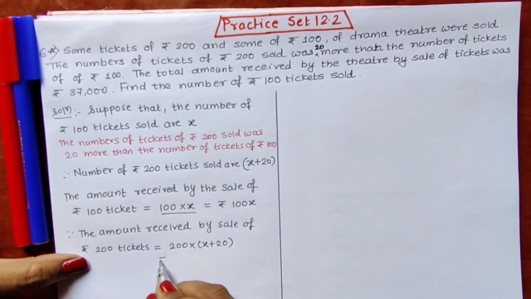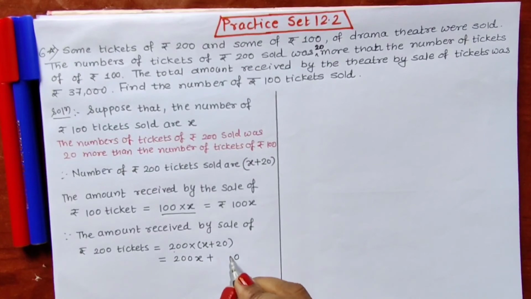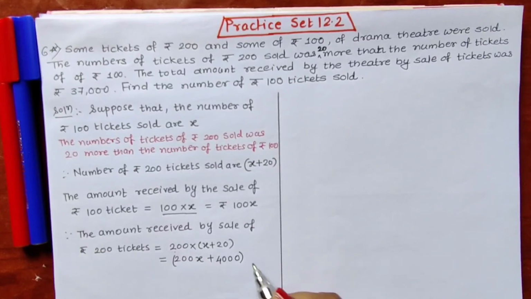So 200 multiplied by X plus 20. 200 into X is 200x plus 200 into 20. What will be 200 into 20? 20 zeros are 0, 20 zeros are 0 and 20 twos are 40, so 4,000. So 200x plus 4,000 will be the amount received by the sale of rupees 200 tickets.